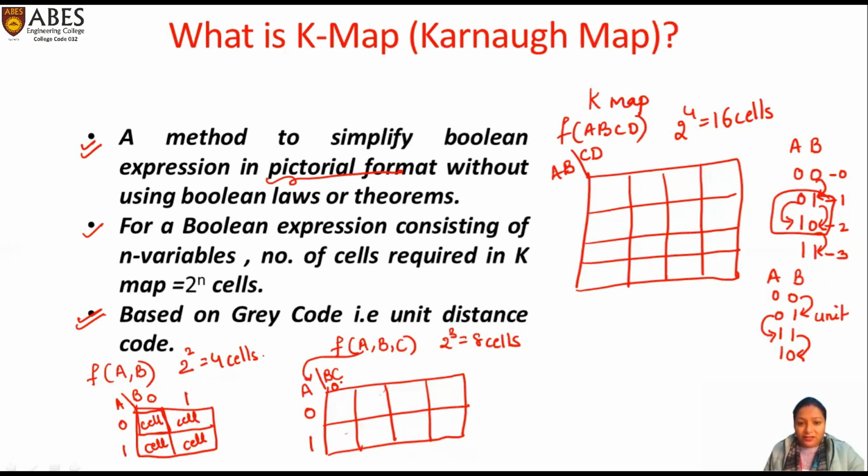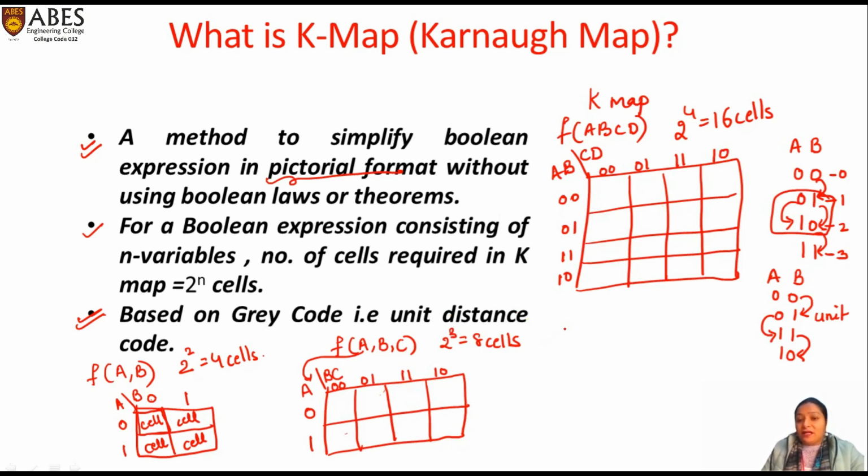Here we will write 0 0, 0 1, 1 1 and 1 0. Similarly, for the 4 variable K-map, 0 0, 0 1, 1 1 and 1 0. Correct?